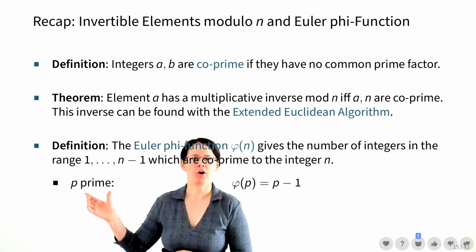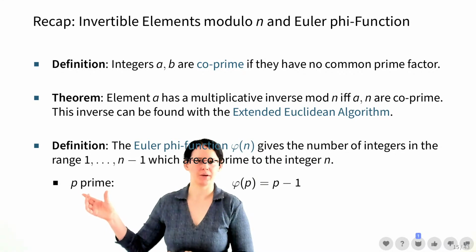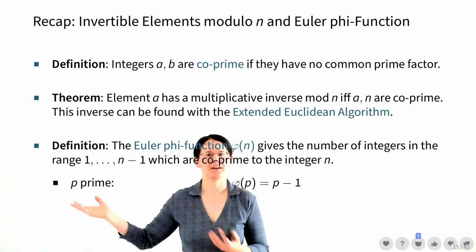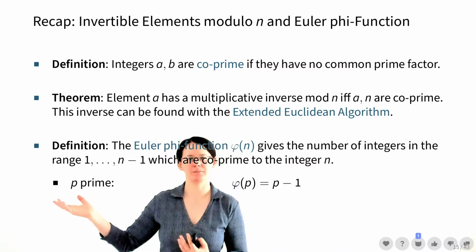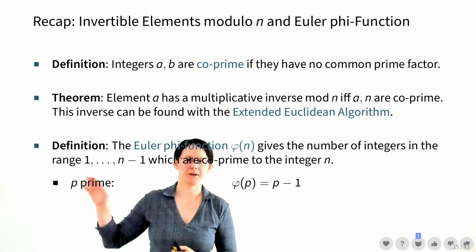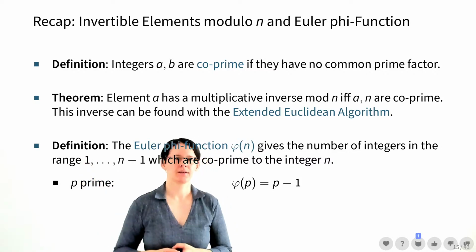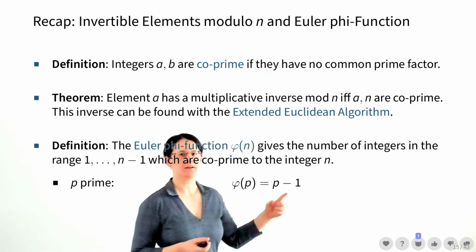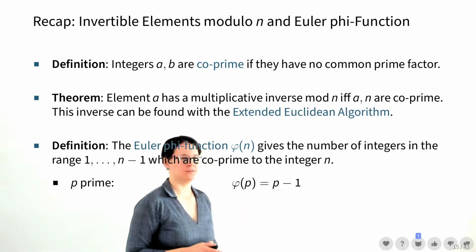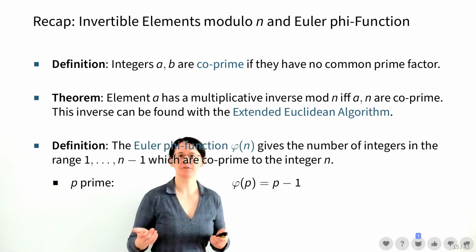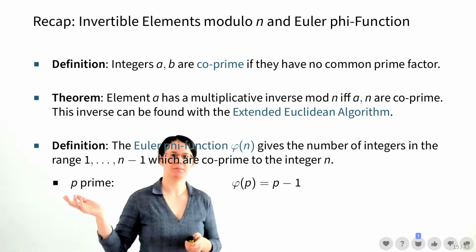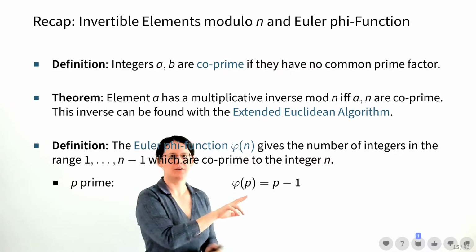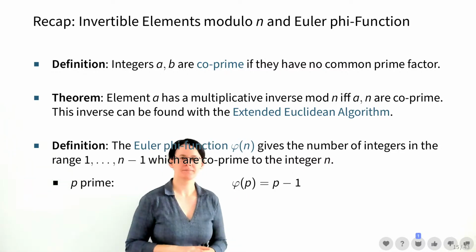So all numbers less than p must be coprime to p, except 0, because the prime number that divides both 0 and p is p itself. That's why 0 is not in the list here. That means the Euler phi function of any prime number gives p minus 1 as a result. So if we are computing modulo a prime number, all other numbers in the set except 0 must be invertible. That's great.